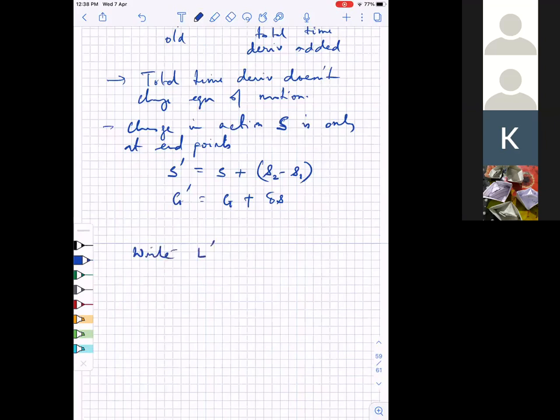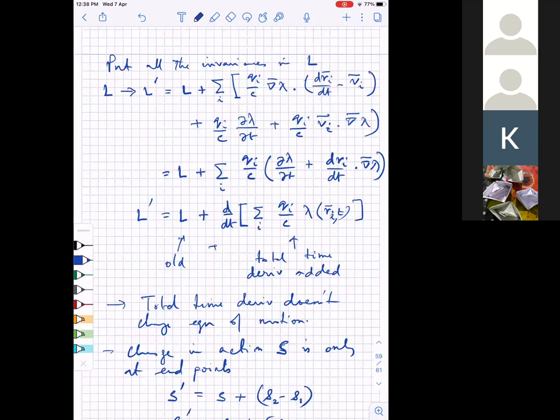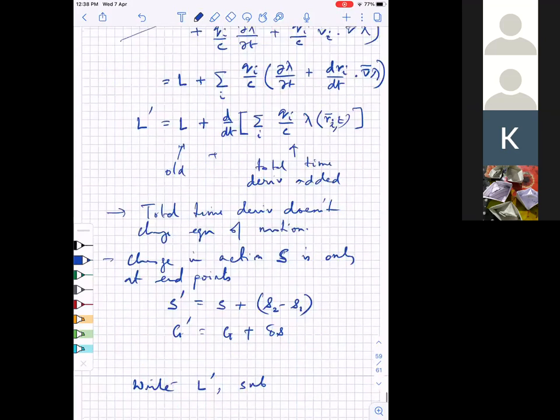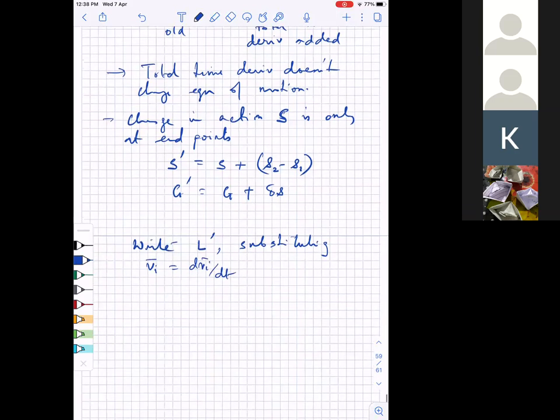Write L prime, substituting this, which has this first one right over here, substituting in v_i equal to dr_i/dt. Like this.